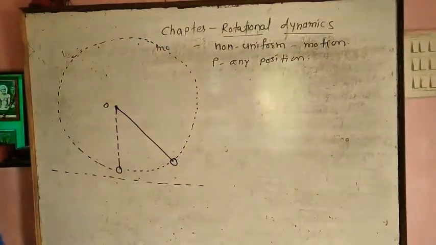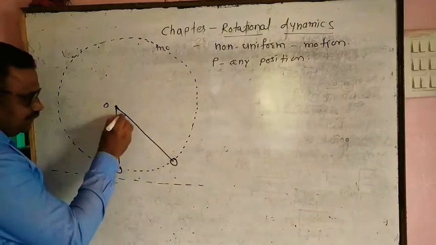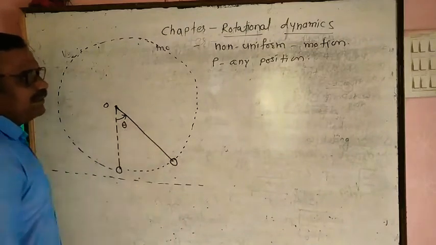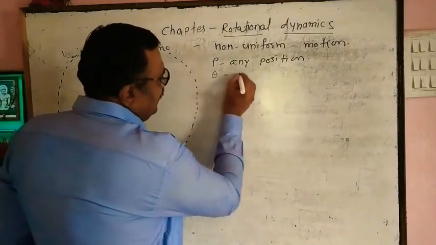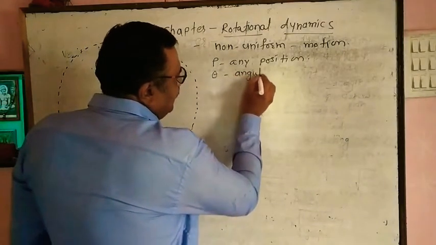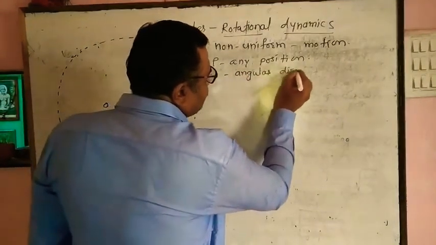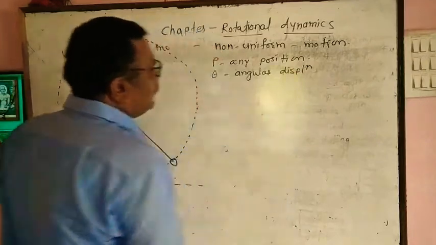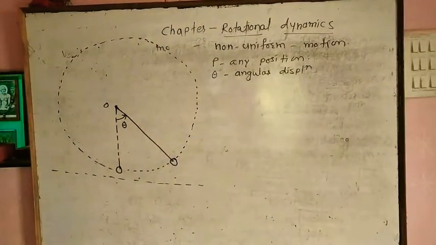Now suppose theta is the angular displacement. Theta represents the angular displacement of the stone when it is at position P.